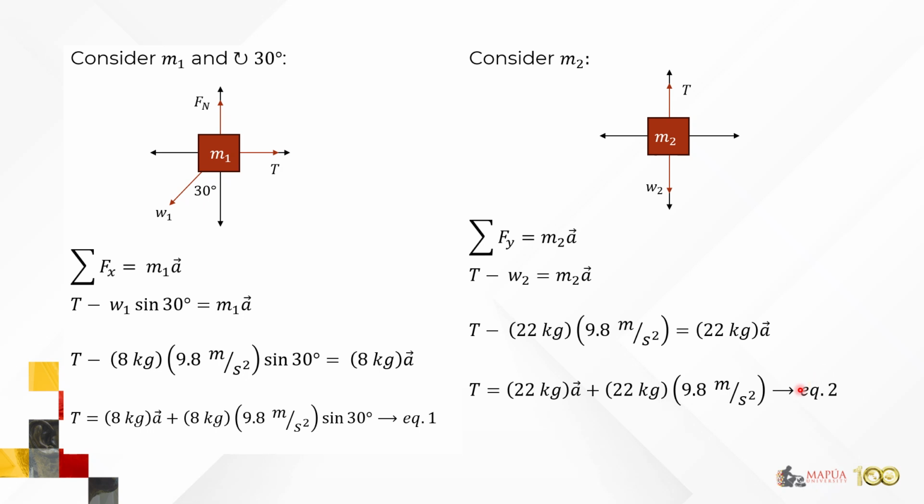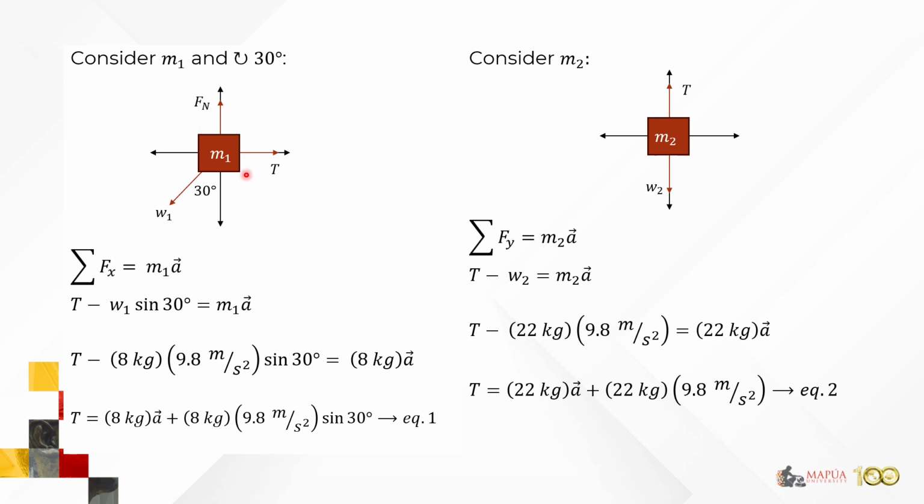So how are we going to use these two equations? Remember, the third law of motion, the law of interaction or law of action-reaction, just says that every action has an equal and opposite reaction.